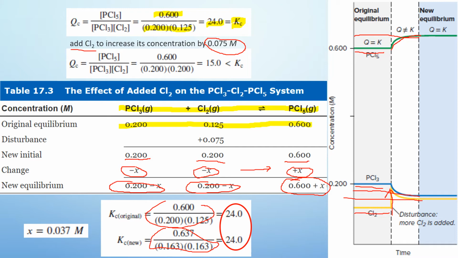So it's still equal to 24. Why? Because the temperature remains constant. Only a change of temperature can change the value of the equilibrium constant, so the equilibrium constant in this case remains as 24.